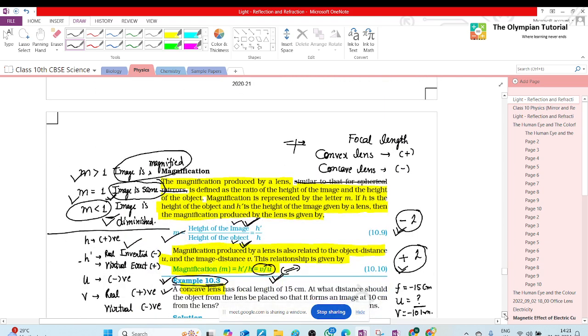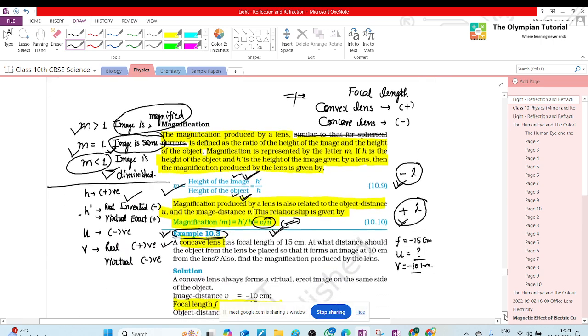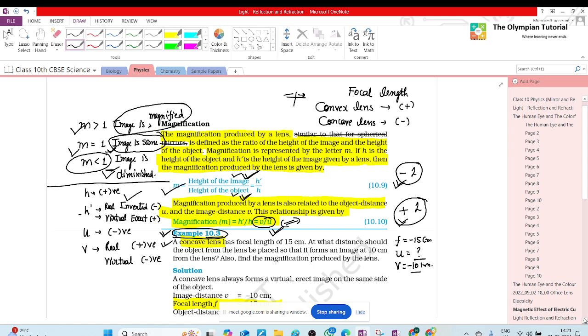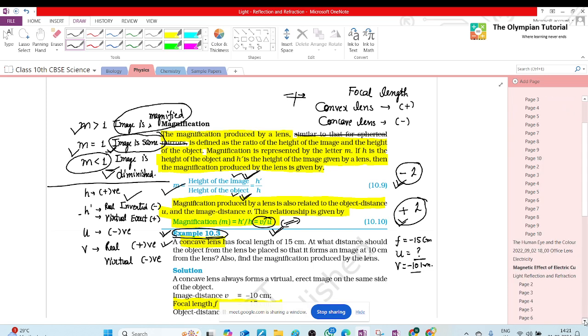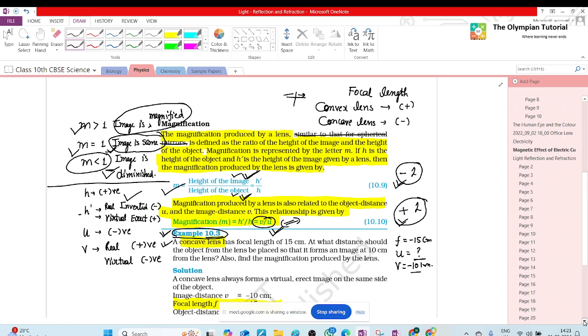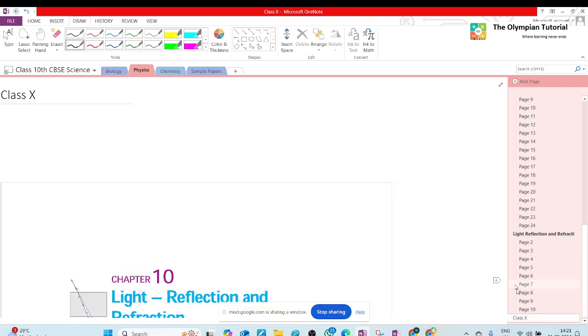Thanya, what is magnification? Ma'am, it is the ratio of the height of the image and the height of the object. If it is greater than 1, then the image is magnified. Equal to 1, the image is of the same size, and less than 1, the image is diminished. Any other doubt?